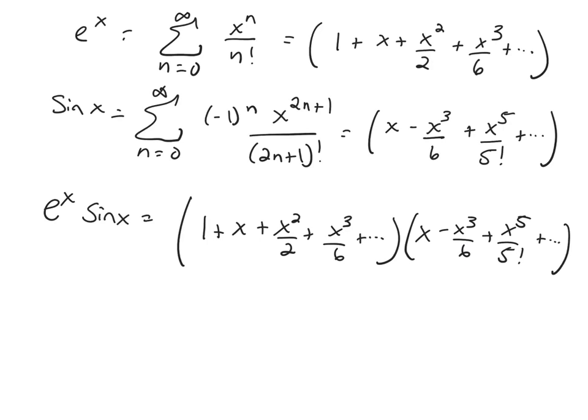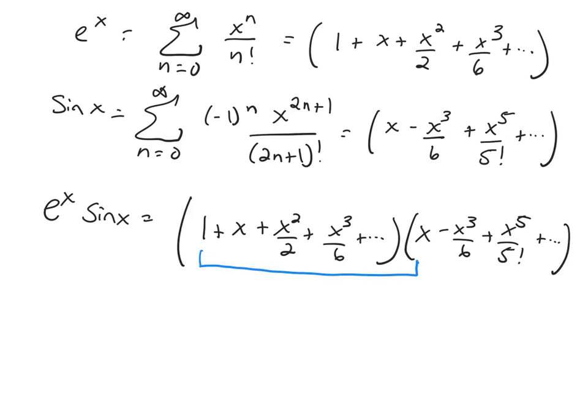And if I multiply, what's the smallest power of x I can get? X to the first. How can I get x to the first? 1 times x. Is that the only way I can get it? Is there any other things I can multiply to get x to the first? No. So our first term has a coefficient of 1, so I'll just write x.